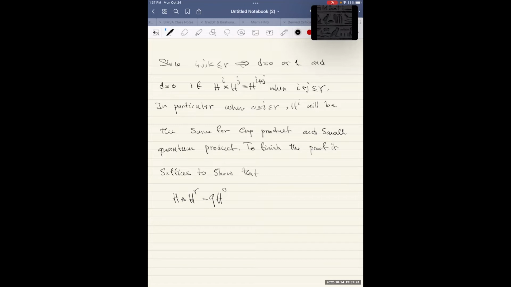And in this case, actually, D is equal to 1, and we had I, J, K equal to R here, right?